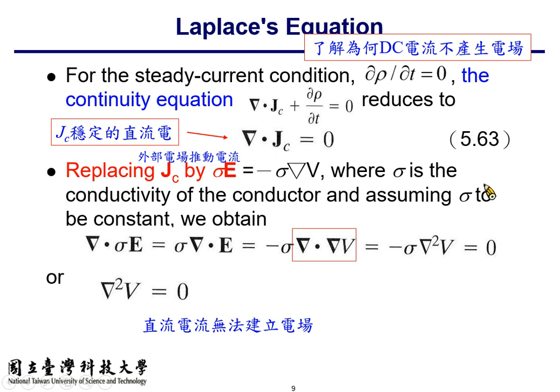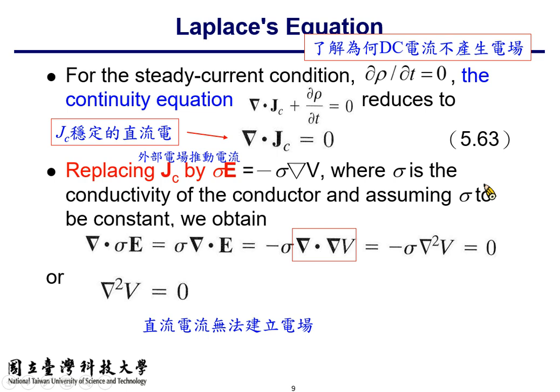That is, the divergence of the gradient of a scalar is the Laplacian of the scalar. That is the definition. So we can write it as minus sigma times the Laplacian of the electrical potential V, and it equals 0.